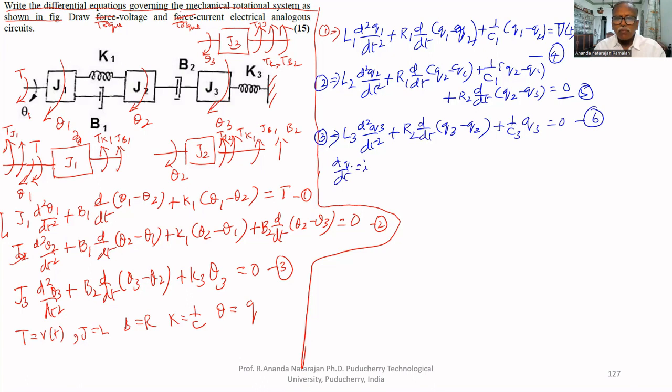dq by dt equal to i, that we know. Therefore q equals integral of i dt.